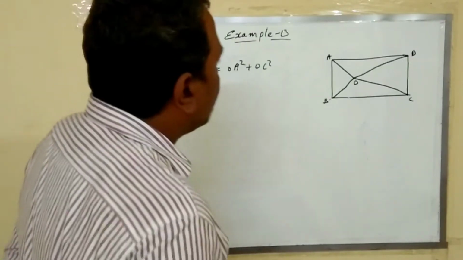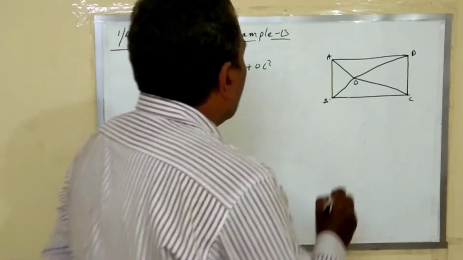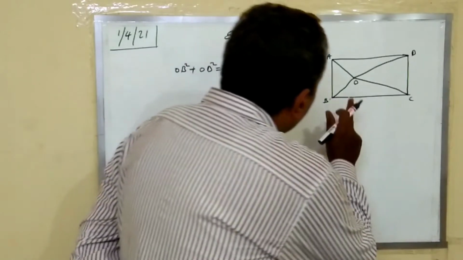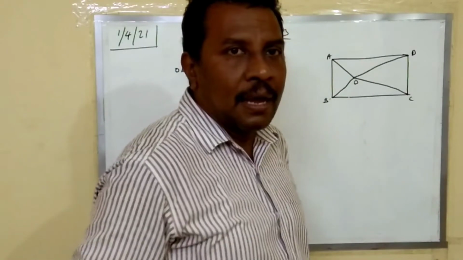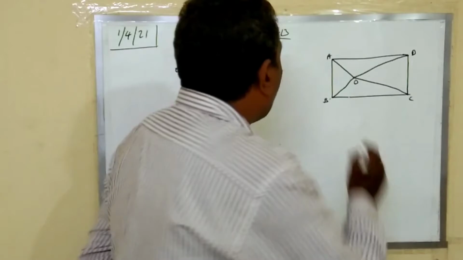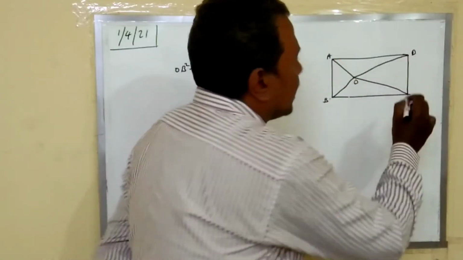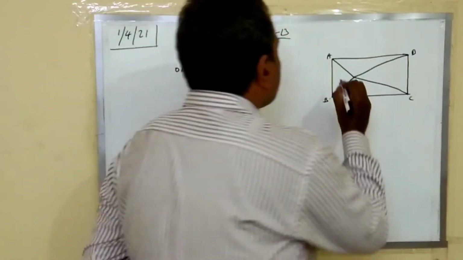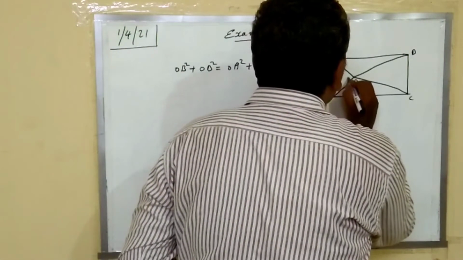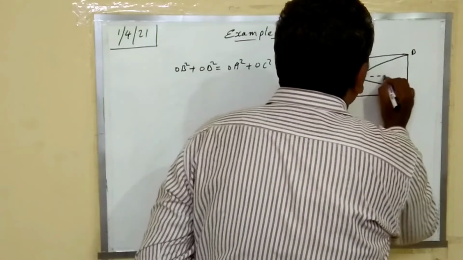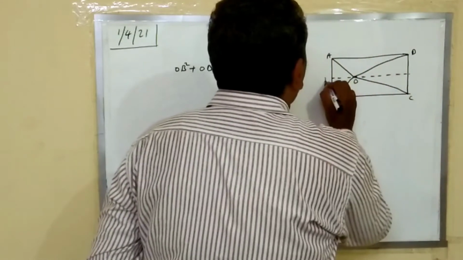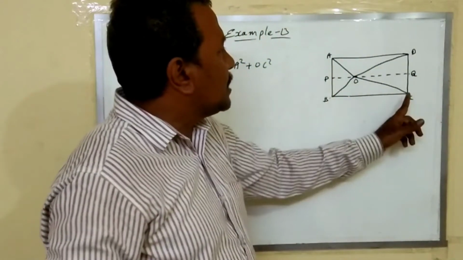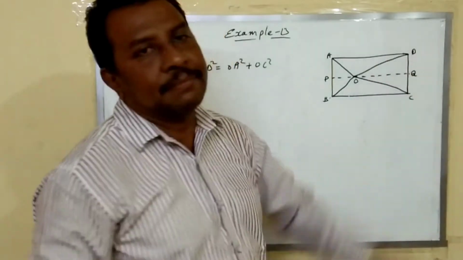For this, we need to draw a line PQ parallel to BC and AD, where P and Q are on the lines AB and CD, and the line should pass through O. Here I am drawing the line PQ, with point P and point Q. PQ is parallel to BC and to AD.